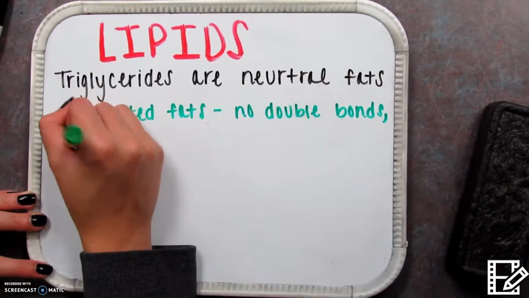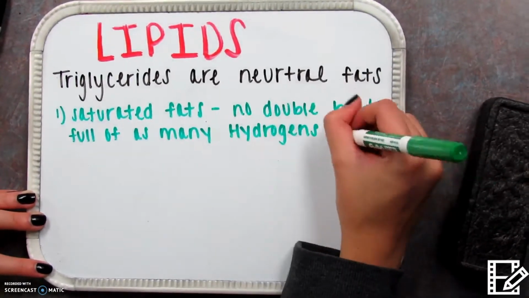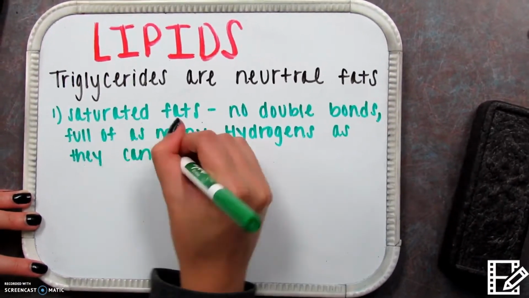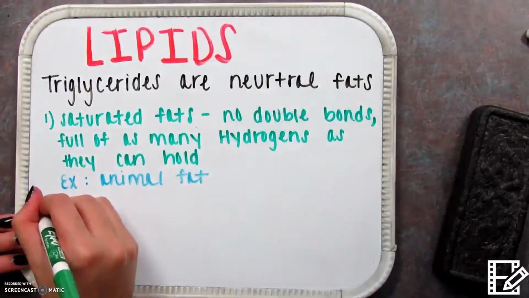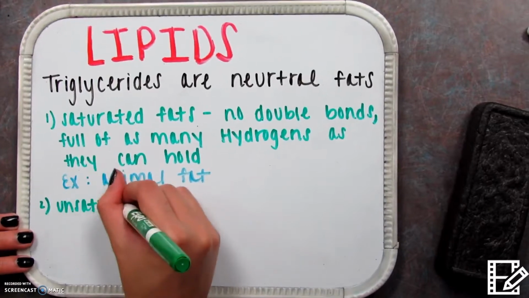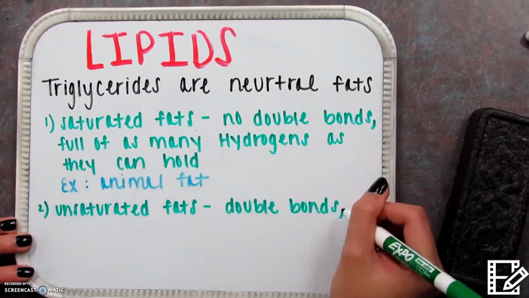They're glycerol. They have two parts. Saturated fats, which don't have double bonds, they're full of as many hydrogens as they can hold. And unsaturated fats, which have a double bond. For example, vegetable fats.